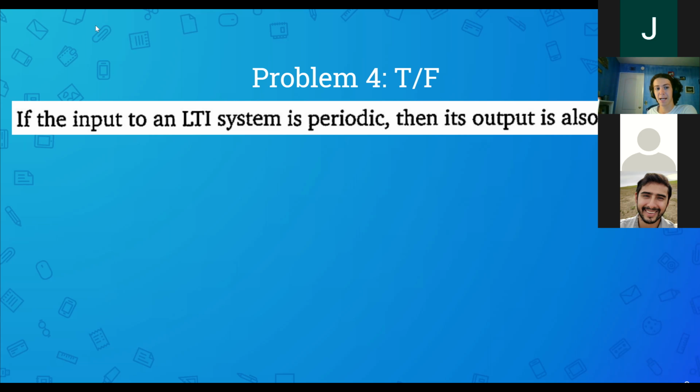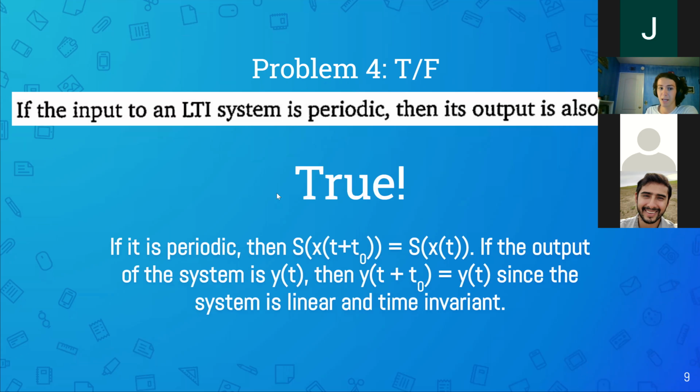But you are correct. If the input to an LTI system is periodic, then its output is also periodic. And here's a quick proof as to why. As you will learn later in the course, it is mostly because if you've taken linear algebra, the eigenfunctions of linear time invariant systems are exponentials.